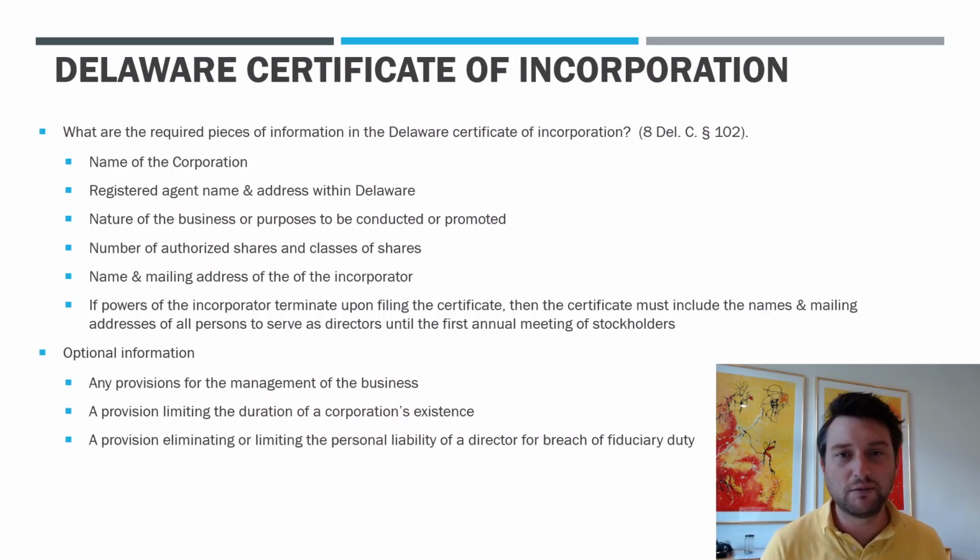The name of the corporation is first stated on the document. That's the desired name. There are certain restrictions on what characters can be included and what cannot, so you can look at the statutes in more detail to find those limitations. The other really important thing is that they have a list of words that have to follow the name of the company to indicate that it's a corporation.